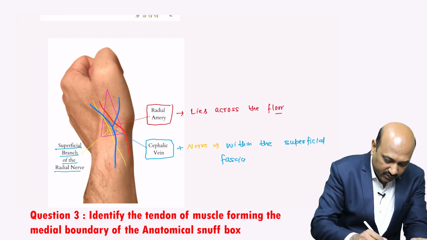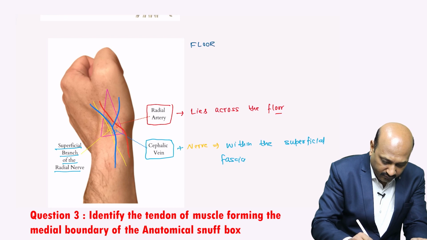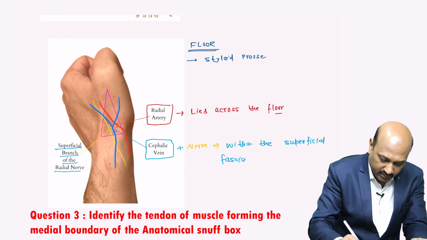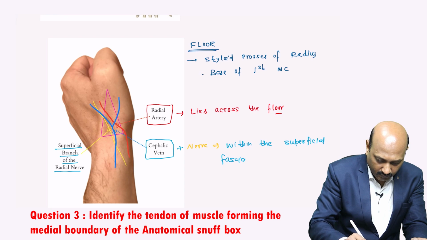Right? And the floor is formed by which bones? If we talk about the floor of this anatomical snuff box, the floor is formed by the styloid process of the radius, the base of the first metacarpal, and another bone, a carpal bone, the scaphoid.